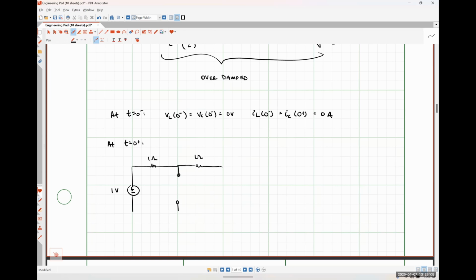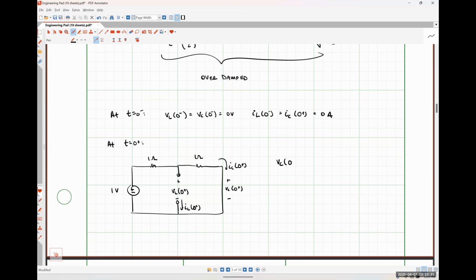My capacitor is going to look like a short circuit. Let's see. So this is IC of 0 plus. This is VC of 0 plus. This is VL of 0 plus. This is IL of 0 plus.